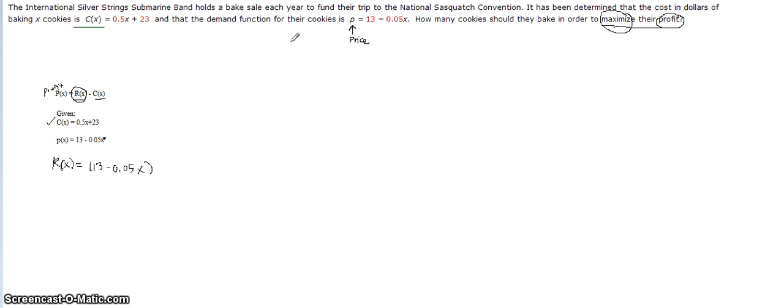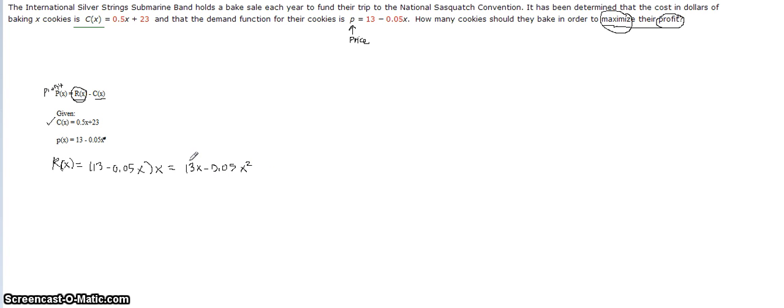That's the price up here, just an x. 13 minus 0.05x times however many you sell. Since what we're selling is x, we're just going to multiply it by x. So we take the price and multiply it by the amount that we sell, and that's the revenue that we bring in. So I'm going to distribute this through here. That is going to be 13x minus 0.05x squared. Here's where your x squared came in.